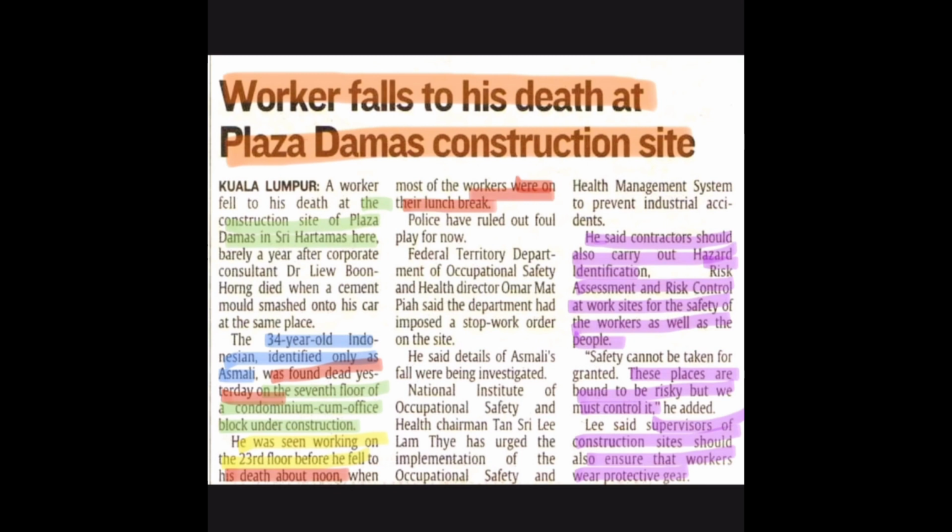For the second one, the working environment is dangerous and risky to the workers. And the last one, workers did not use proper PPE. For example, they need to use a harness, scaffolding and so on. That's all on how to do accident investigation.